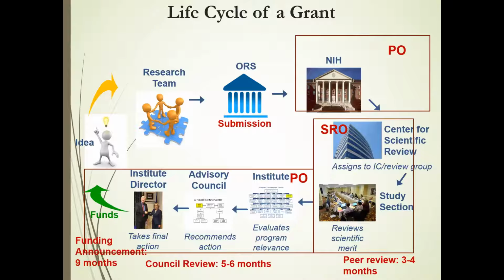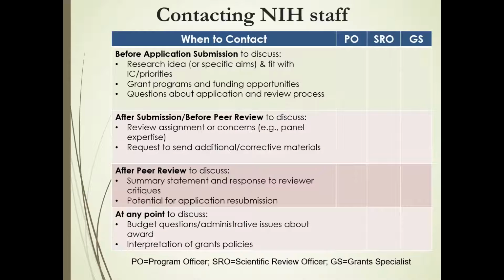So it usually takes about 9 months from the time it's submitted until an actual notice and award announcement may go out to the institution. And I've mentioned before, we've seen some of those go to 12 months too. We've actually had a couple that came up way after that.